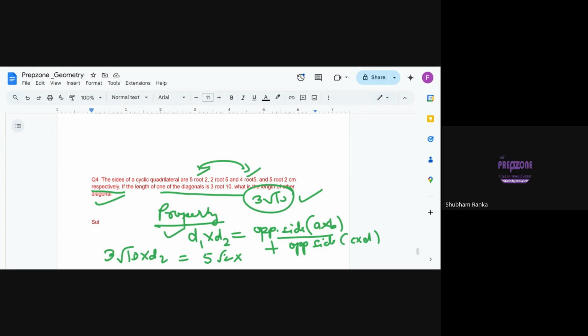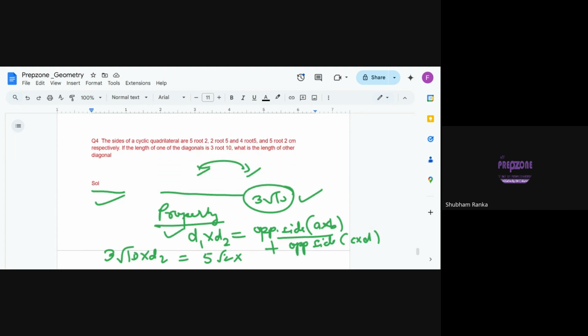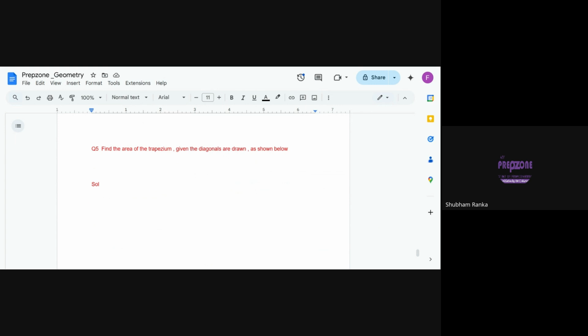See if you can get the answer now. Yes, sir. Okay. I'm making a figure for you, and this is a trapezium.